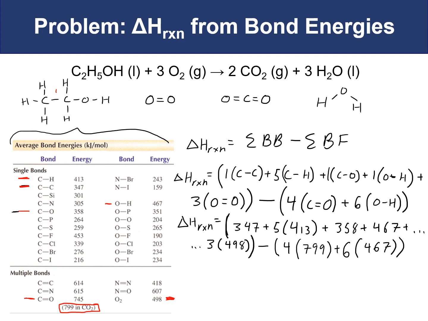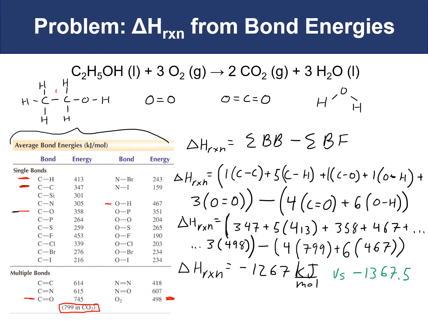If you plug that into the calculator, you'll get a change in enthalpy of reaction equal to minus 1267 kilojoules per mole. Now, if we compare that value to what we had from our previous problem, where we were using enthalpy of formation values, we had a value of negative 1367.5. So given the simplicity of this system, it actually gave a pretty close answer.